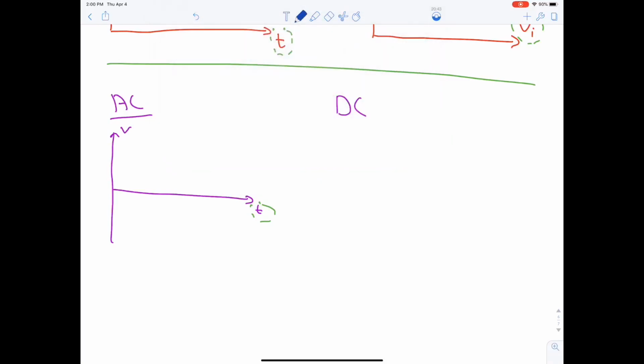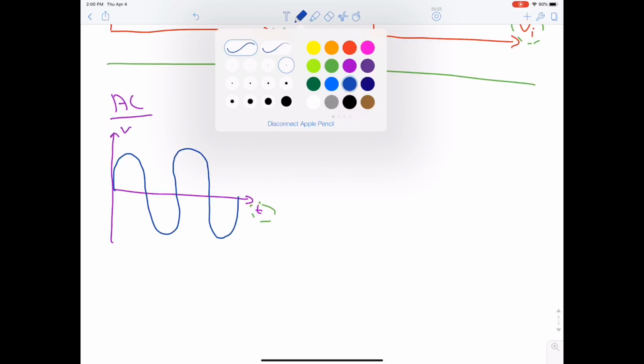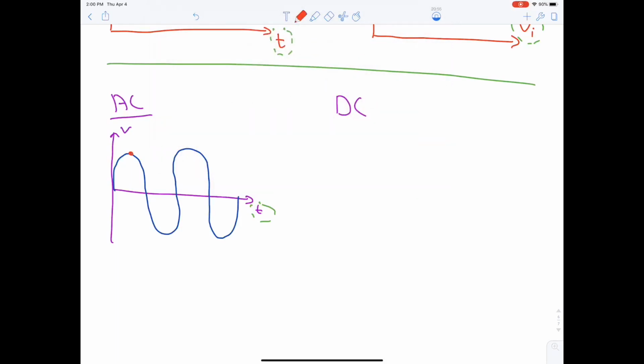So usually it looks like this. This is a sinusoidal wave. How many peaks do we have in this sketch? We have a positive peak and a negative peak. This is a peak and this is also a peak. The distance between the positive peak and the negative peak is called peak to peak.